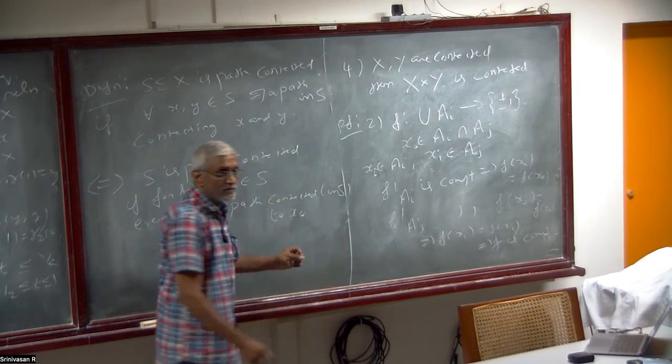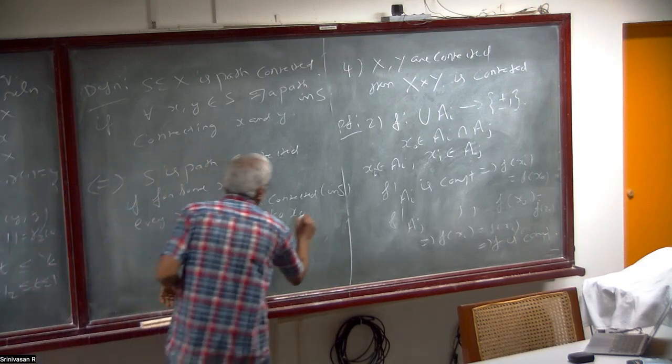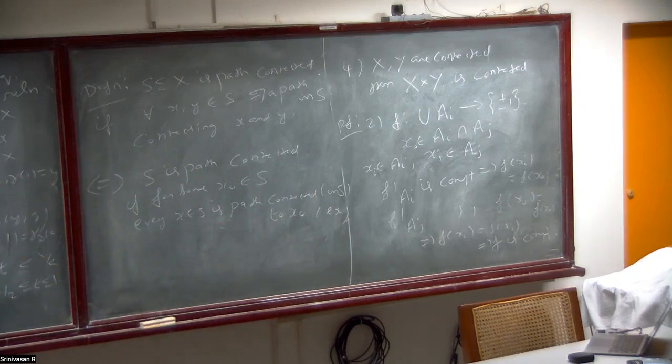If x and y are both connected to x naught, you take the path from x to x naught and reverse the path from y to x naught, and you get a path from x to y. This is an easy exercise. So you have to prove that everything is connected to one single point.